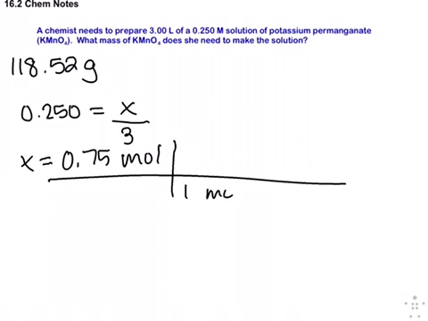So 1 mole, and then you do the potassium permanganate, 1 potassium plus 1 manganese plus 4 oxygens, and that is 158.04-ish. And when you multiply that out, you should get the 118.53 grams.